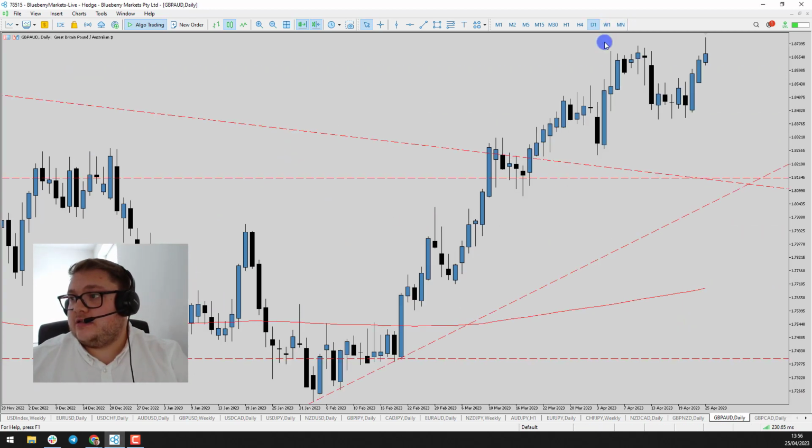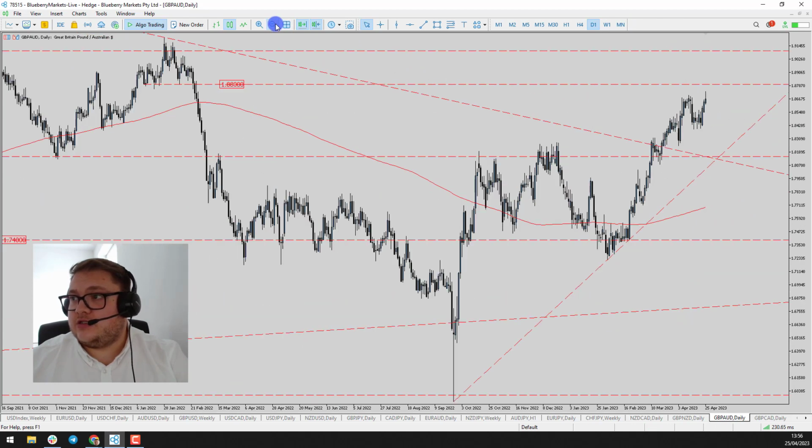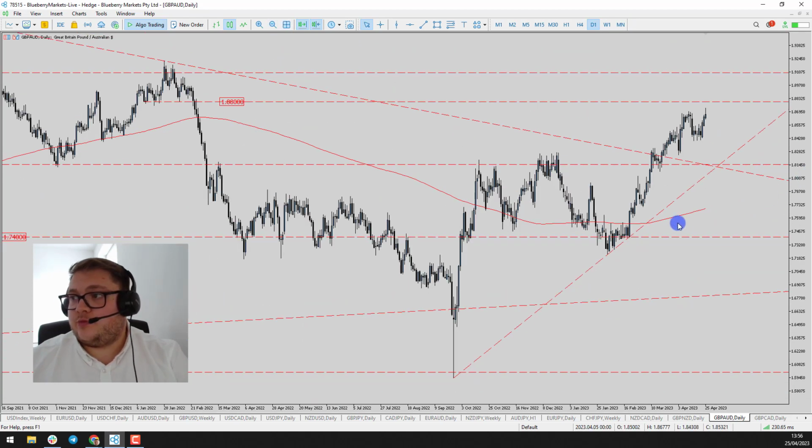If I go down into a daily time frame and zoom right out, is price in an upward trend? Yes, it is. When price got to the support in here, we actually had an inverse head and shoulders pattern, albeit a messy one. Price broke through, and we started to make higher highs and higher lows.